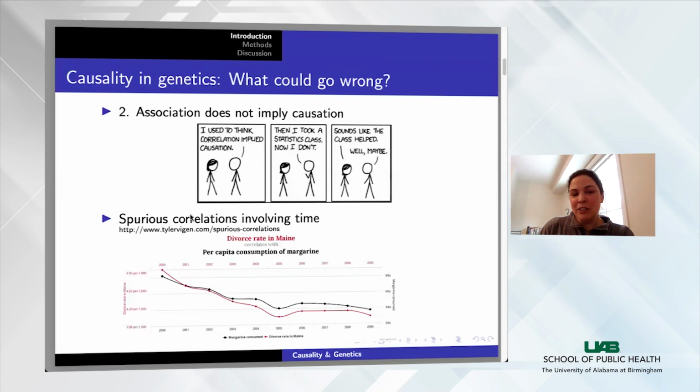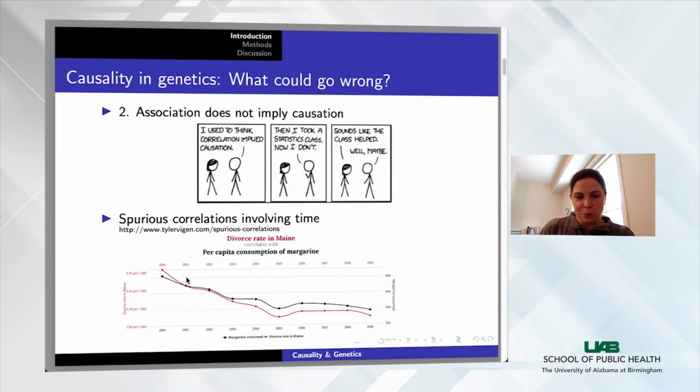Also, when thinking about correlations, there can be a lot of reasons to have spurious correlations. There's this wonderful website on spurious correlations where they show essentially that the time component can produce correlations between things that probably shouldn't be correlated or aren't correlated for a causal reason, that are kind of fun.